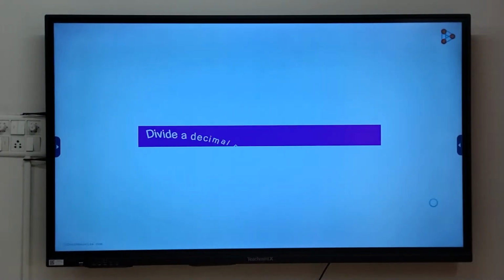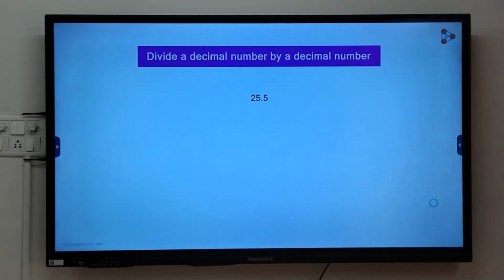Now, what if we need to divide a decimal number by another decimal number? For example, 25.5 divided by 0.5. Can we use the same steps here? Sure, we can. We will get rid of the decimal points first. 25.5 is 255 by 10, and 0.5 is 5 by 10.